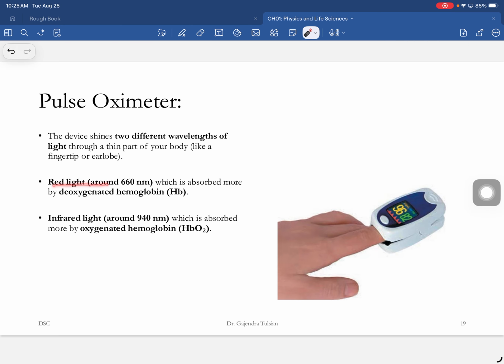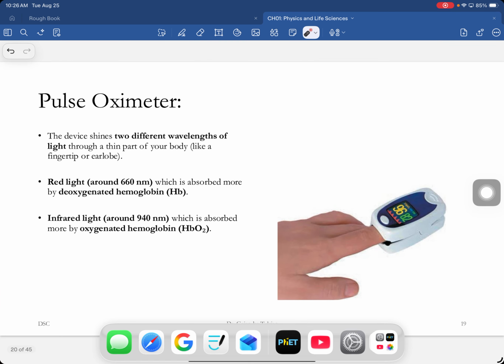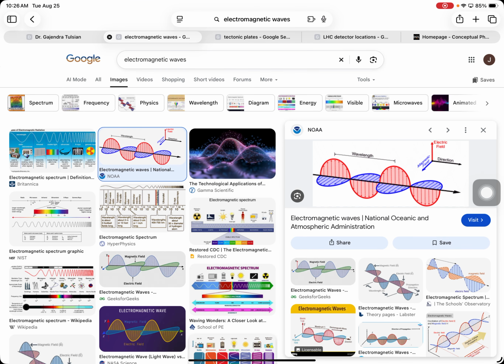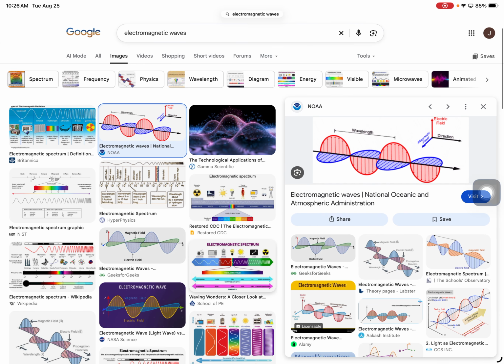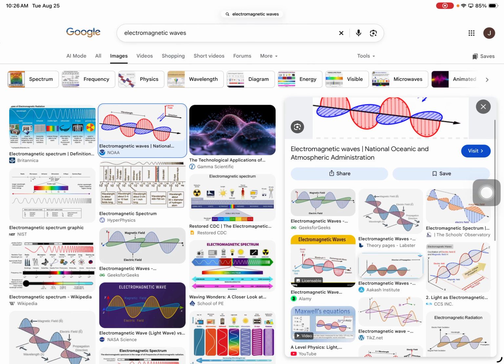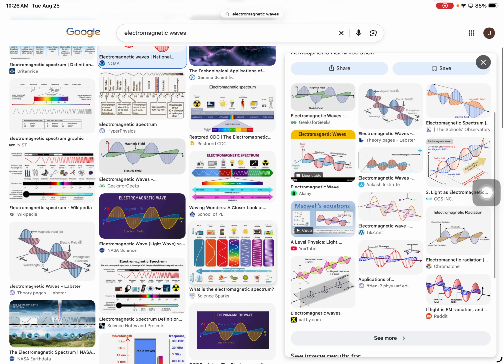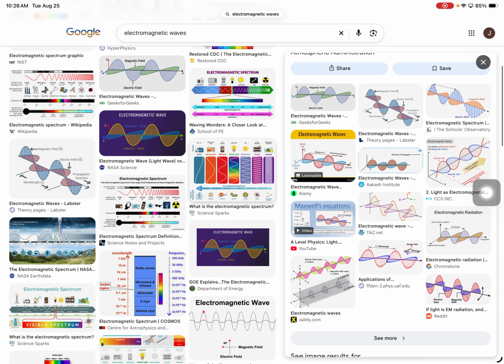Red light, whose wavelength is 660 nanometers.